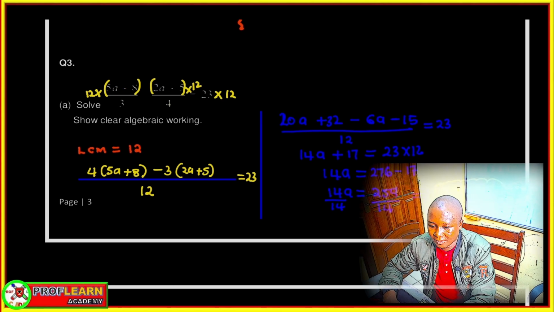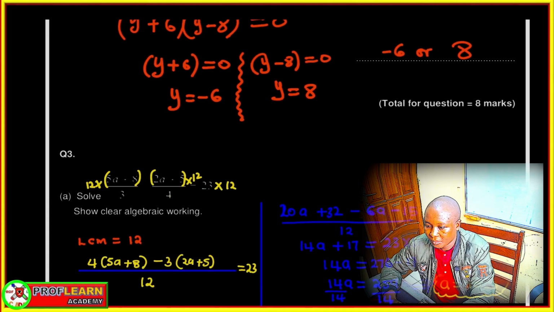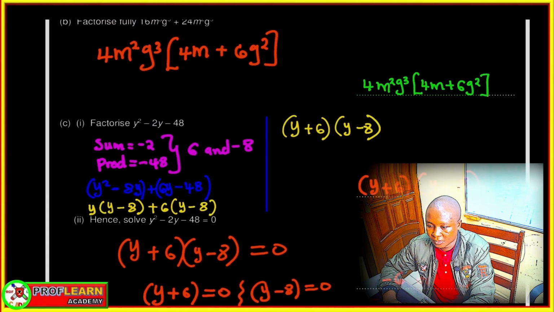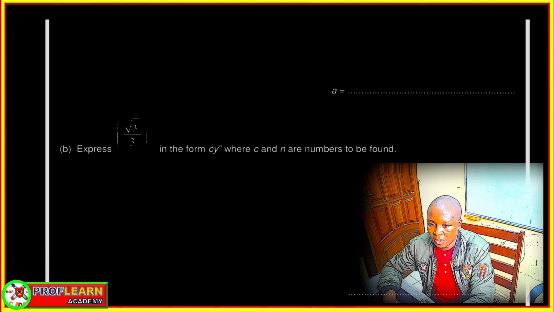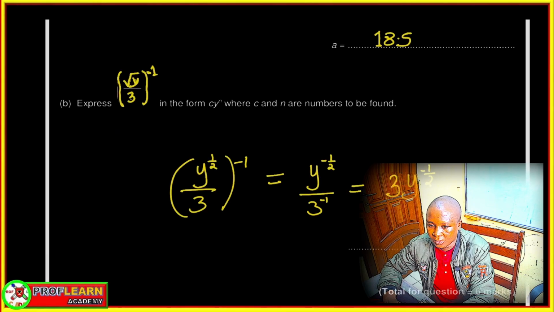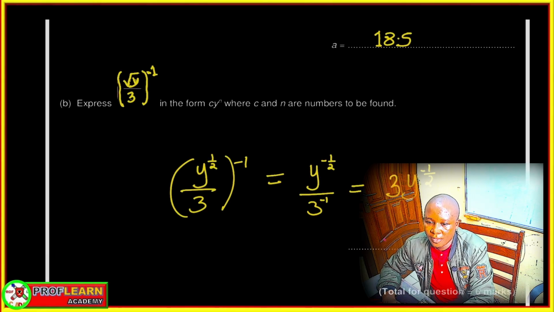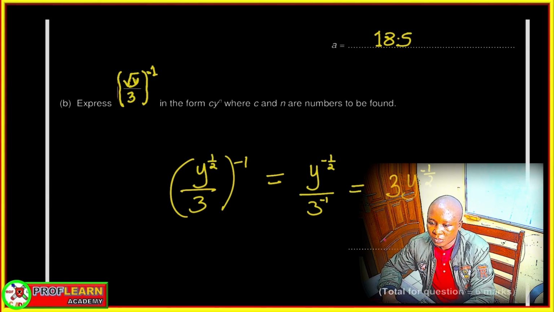All right, so let's proceed to the next question. If you have root y over 3, in brackets, raised to power negative 1, we are supposed to write this in the form c raised to power n, where c and n are numbers to be found.